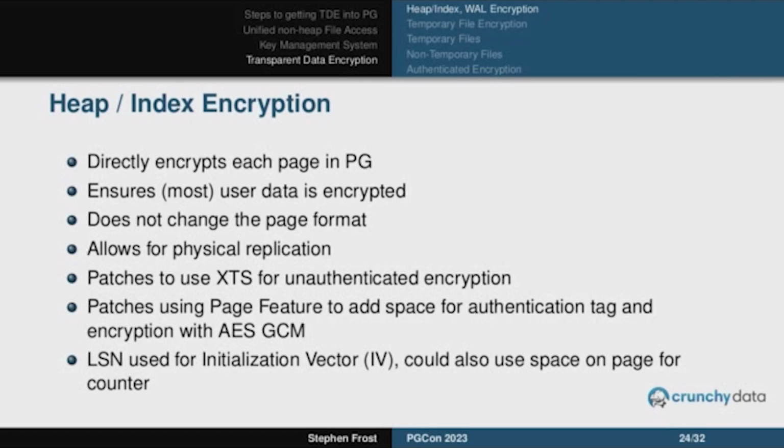I'm not 100% sure that you can just change it, though. If you'd like to propose that patch, I welcome it. Because if you solve that problem, that would be great. Then I don't have to worry about it. But either way, if we do need to have a separate IV or a separate nonce on the page, using the page feature capability would allow us to do that.